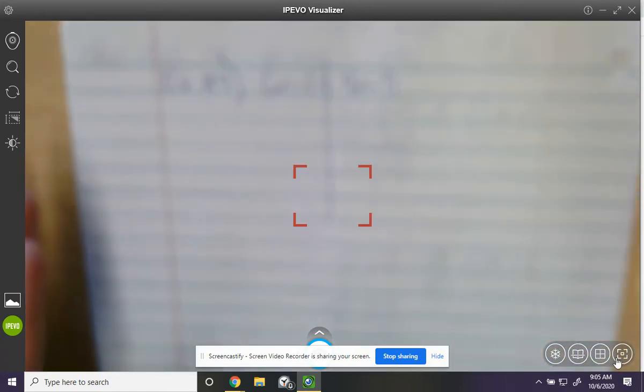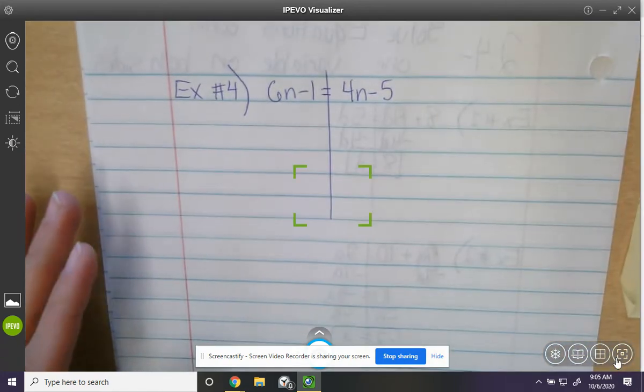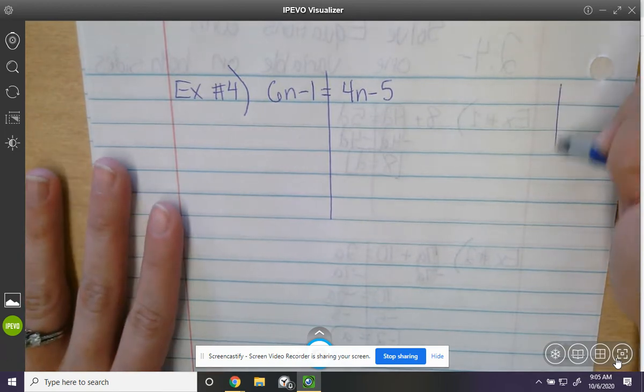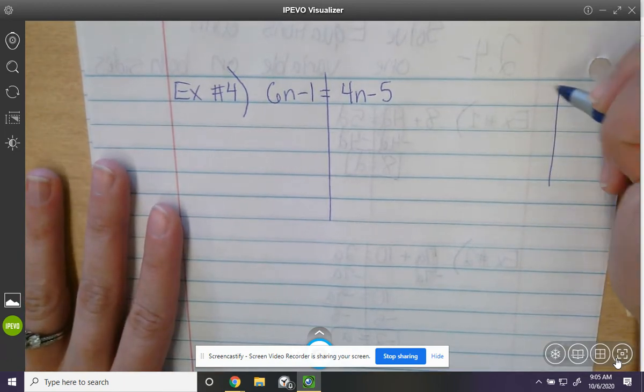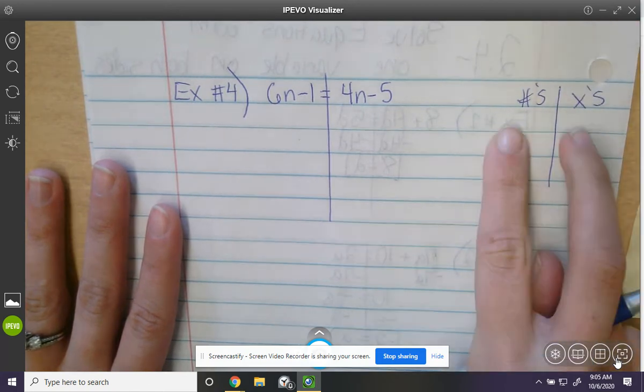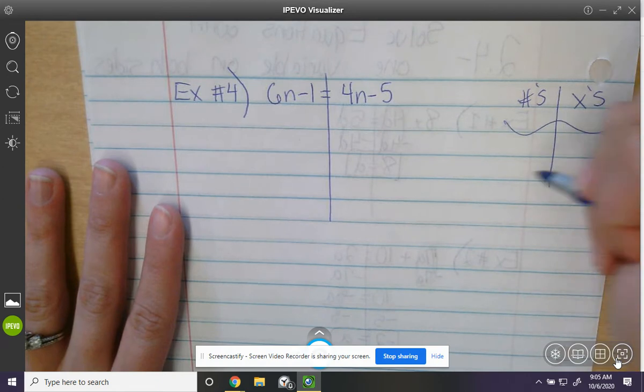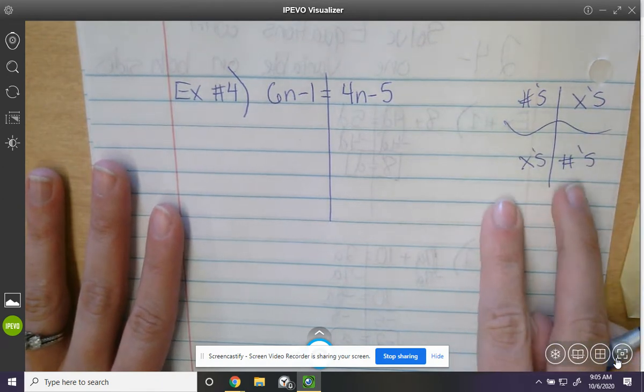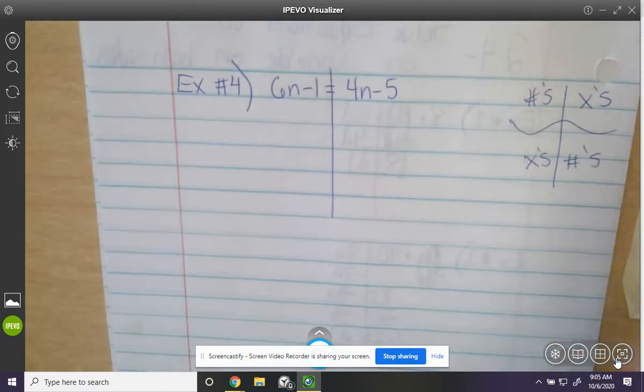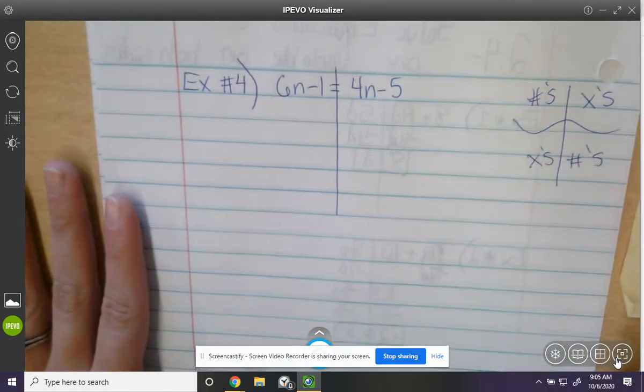Okay, we want our final product, we want numbers to be on one side and variables on the other. Now it could look like this or it could look like this. You could have the variables on that side and numbers on that side. It doesn't really matter, but we want all of our numbers to be on one side, all of our variables to be on one side.